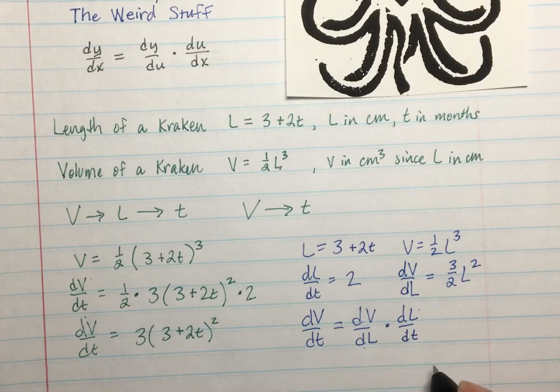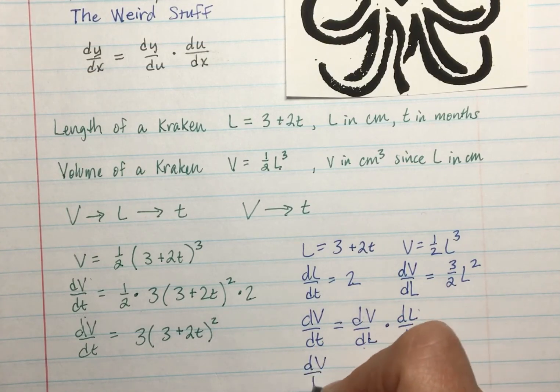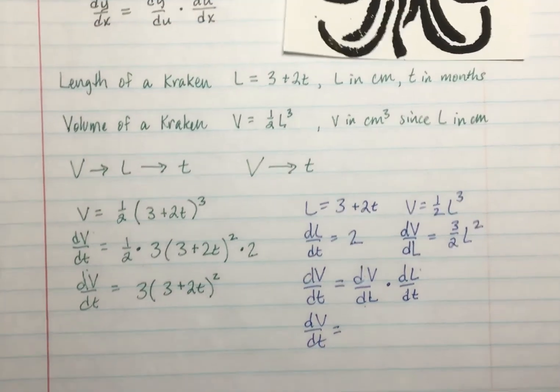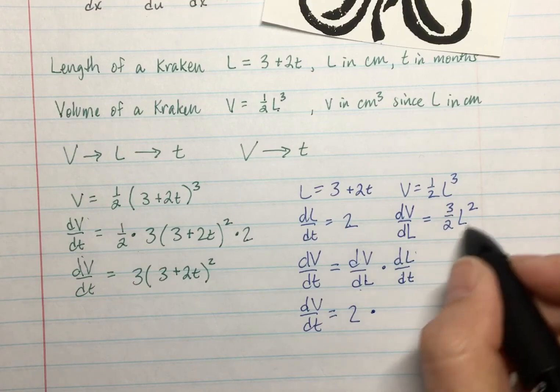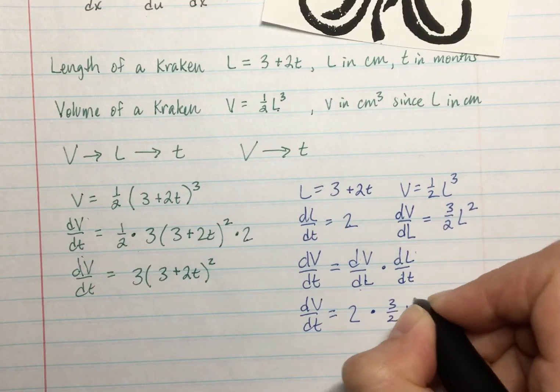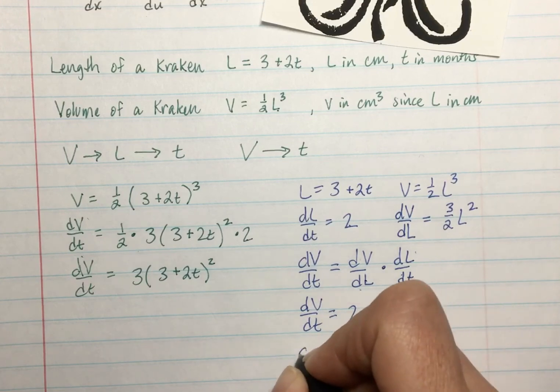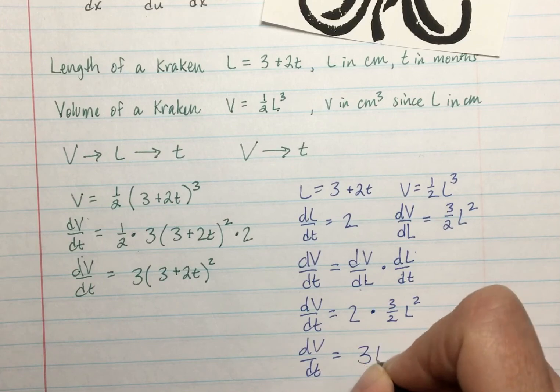That's kind of weird looking. And now we can replace dV/dL with what it equals, 3/2 L squared. We can replace dL/dt with what it equals, which is 2. And so we have dV/dt equals 3L squared.